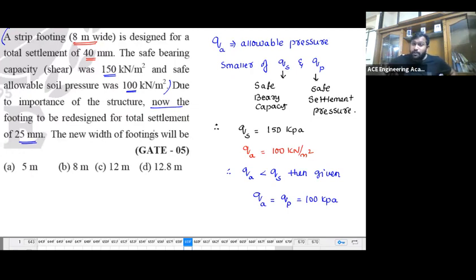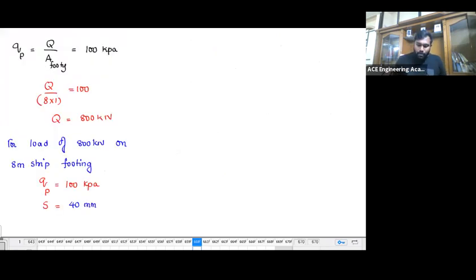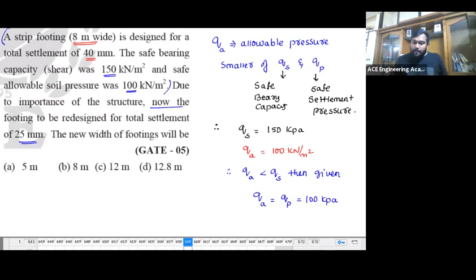As I change the width, the settlements are also going to change, and the bearing capacity is also going to change. Yes or no? So now what I want here is, if I want to reduce the settlement to 25 mm, what is the new width?